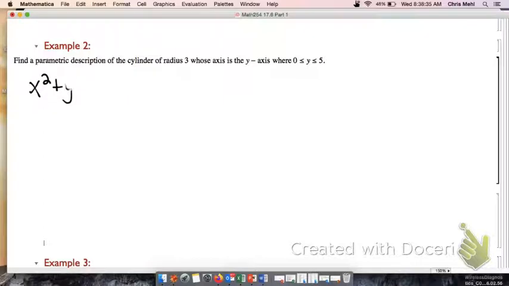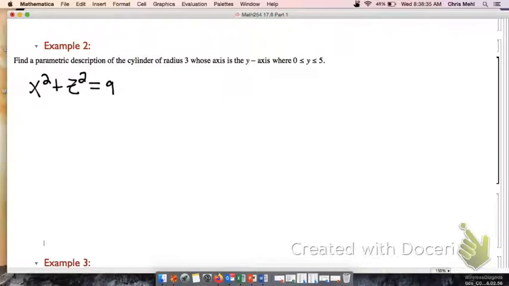Okay, so what you can do first is write an equation for the circle in the xz plane of radius 3, so x squared plus z squared equals 9.